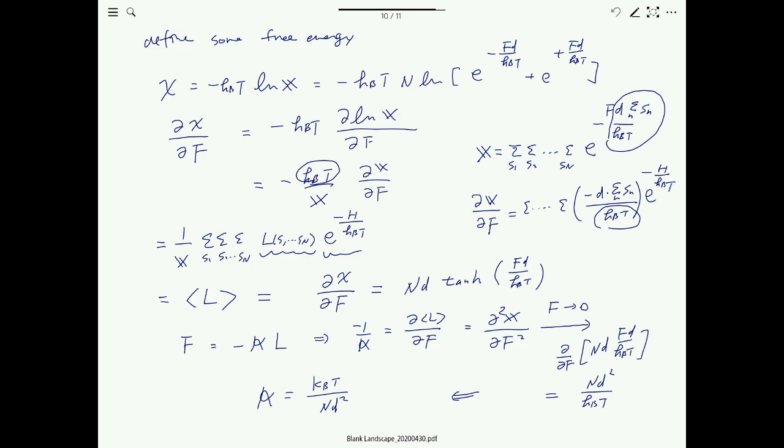Since my spring constant is proportional to T, if I increase the temperature, my spring constant increases. That means my rubber band will contract. Can I derive this in a more formal way?